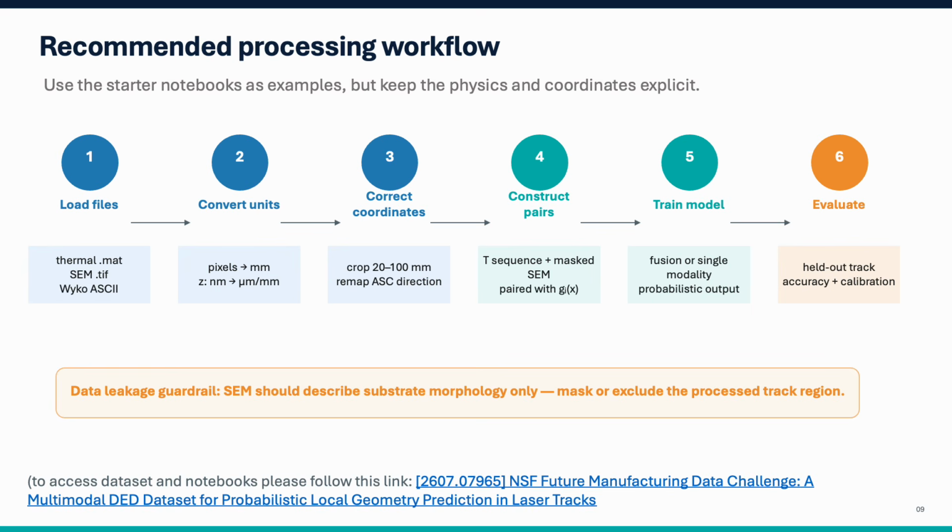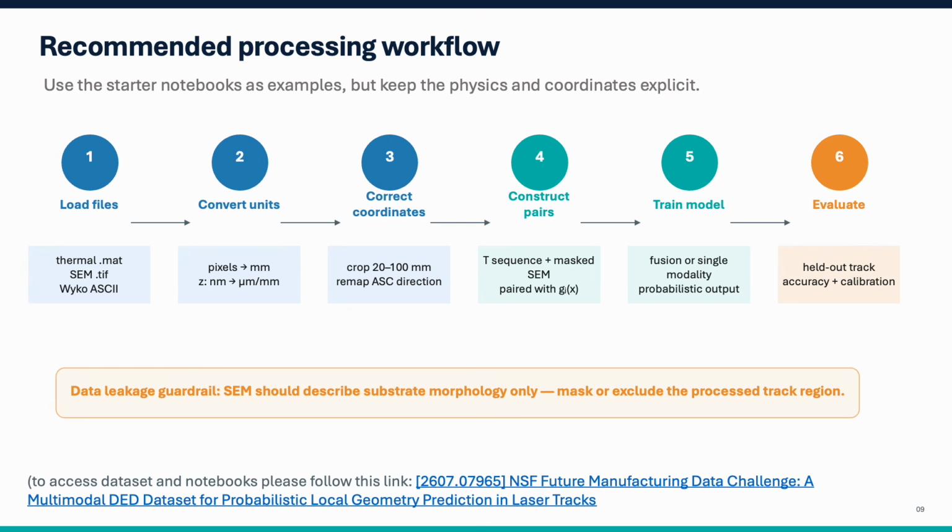A recommended workflow contains 6 main stages. First, load the thermal mat files, SEM TIFF images, and ASCII height maps. Second, convert all units consistently, including pixel positions to millimeters and height values from nanometers to micrometers or millimeters. Third, correct the coordinate direction and crop the 20 to 100 mm interval.